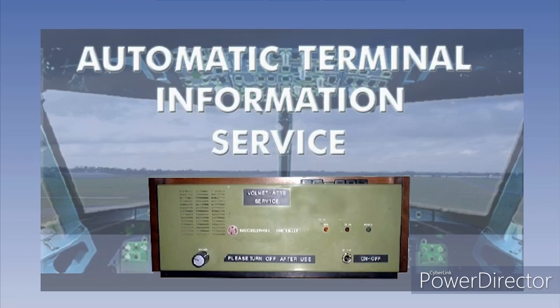ATIS is usually broadcast on VOR or discrete frequencies in order not to interfere with air traffic operations and communications. Usually, an ATIS message will be assigned an identification letter, which will be incremented each time an update is made. There may also be two separate ATIS messages, one for arrivals and one for departures.